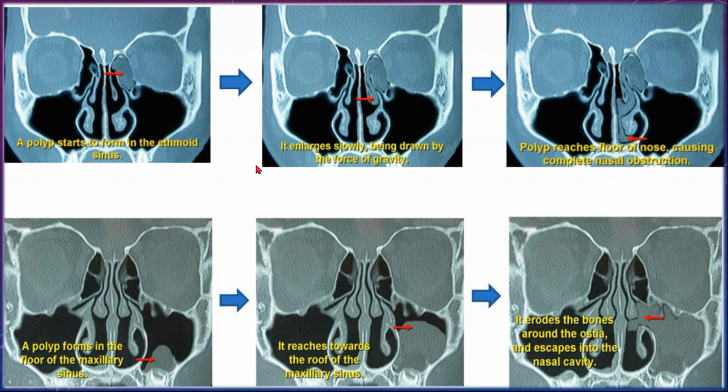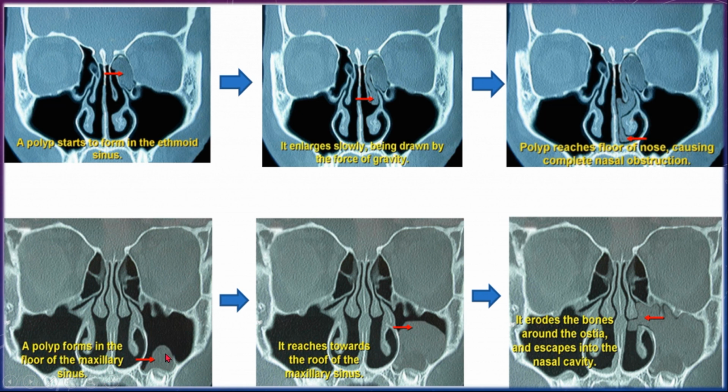So in this picture you can see a polyp present in the left ethmoidal cells. It goes down into the nasal cavity due to gravity, and it completely fills the nasal cavity. The polyp reaches the floor of the nose, causing complete nasal obstruction. This picture shows bilateral ethmoidal polyps, and this picture shows a polyp that forms in the floor of the maxillary sinus.